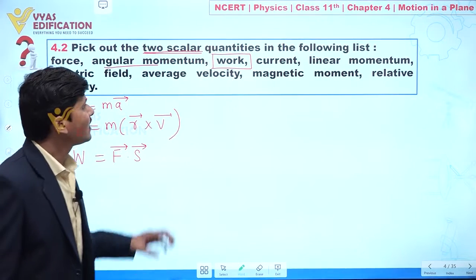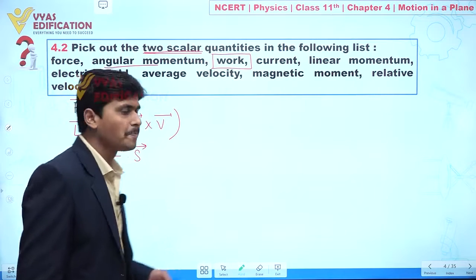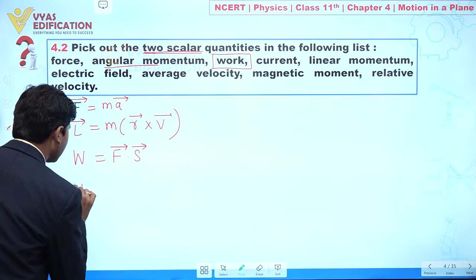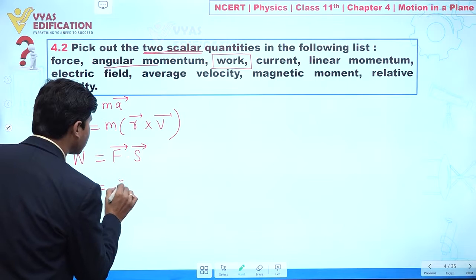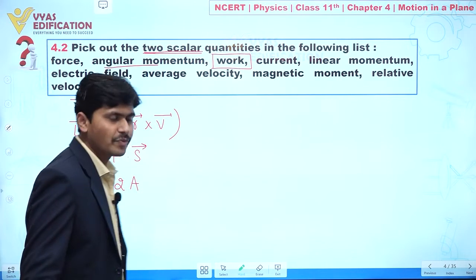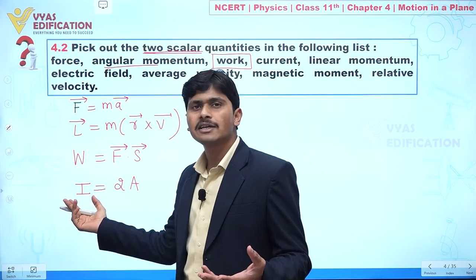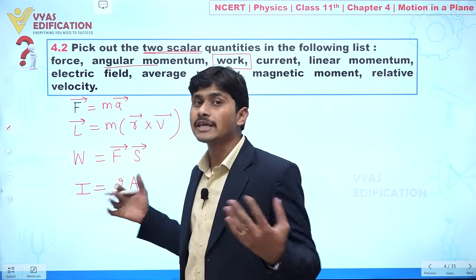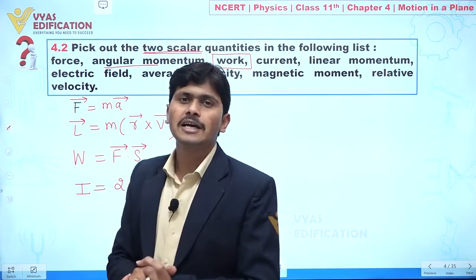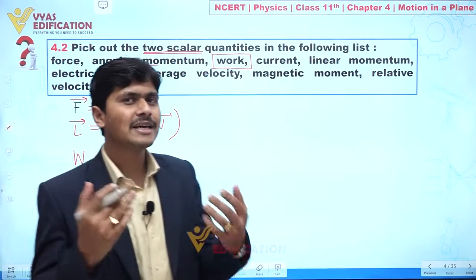Clear to everyone? Now if we are talking about electric current, you can say, sir, if we define current, let's suppose I am writing here 2 ampere, and we are getting complete information. Current is equal to 2 ampere. Let's suppose I am just taking an example. So current is defined as 2 ampere, and we are getting complete information.